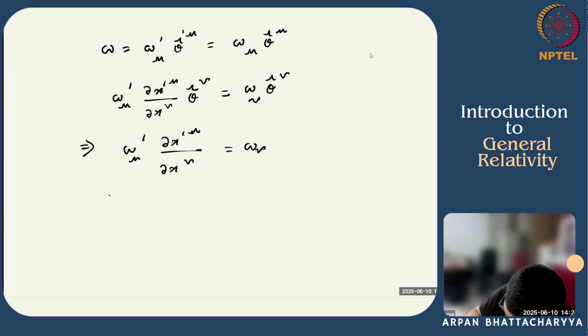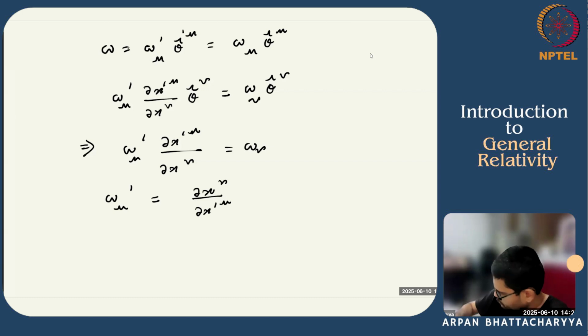Please do that exercise. You will be able to get the following: del x mu over del x prime mu times omega. And now you can see this is nothing but the components of the inverse Lorentz transform.